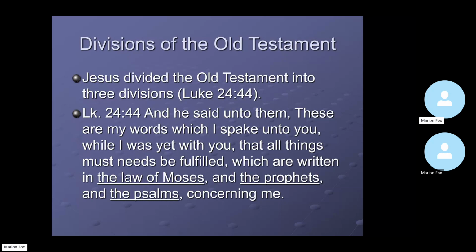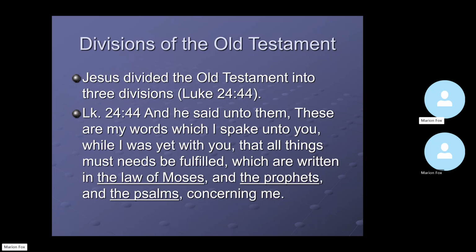And he, that is Jesus, said unto them, "These are my words, which I spake unto you while I was yet with you, that all things must needs be fulfilled, which are written in the law of Moses, and in the prophets, and in the Psalms, concerning me." So those are his 3 divisions of the Old Testament. Now, he's divided the Old Testament up.